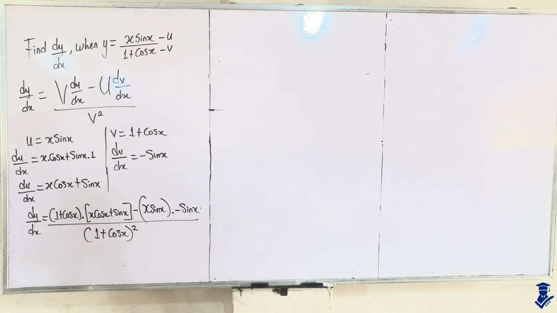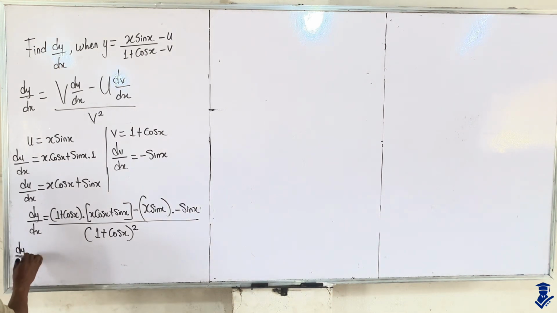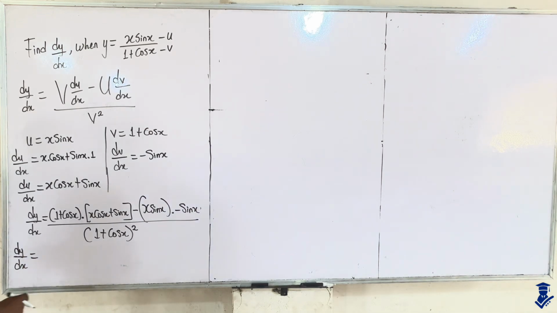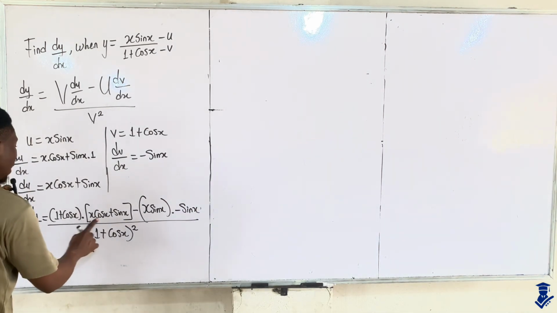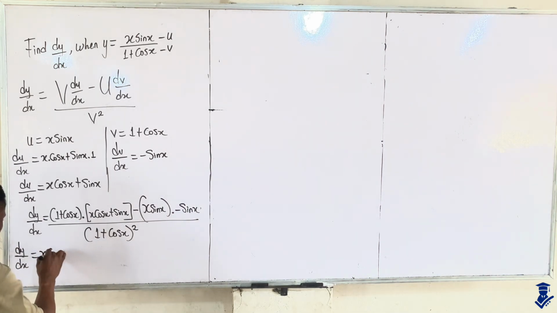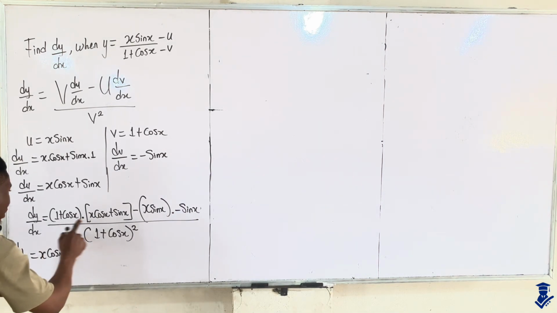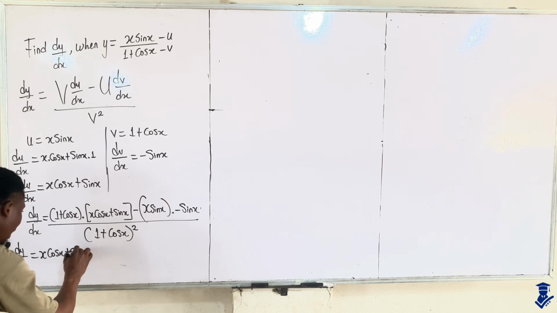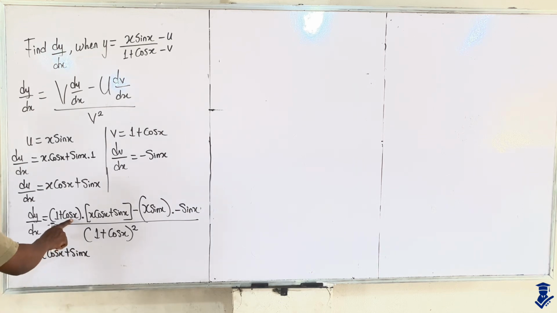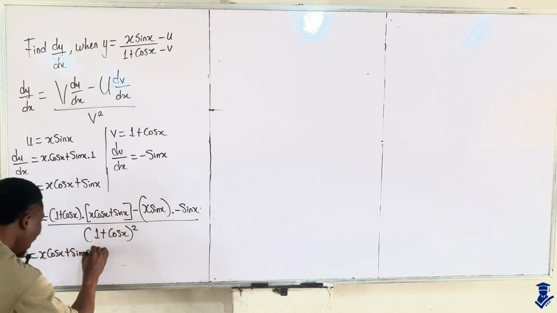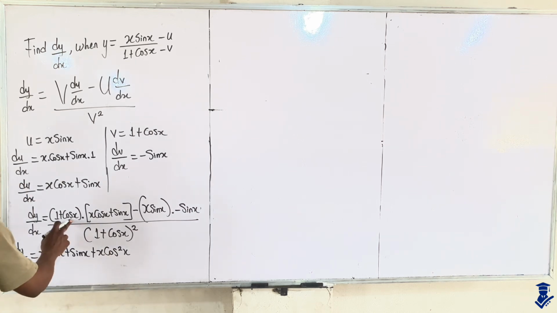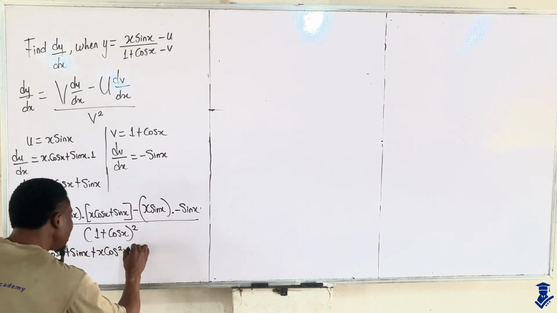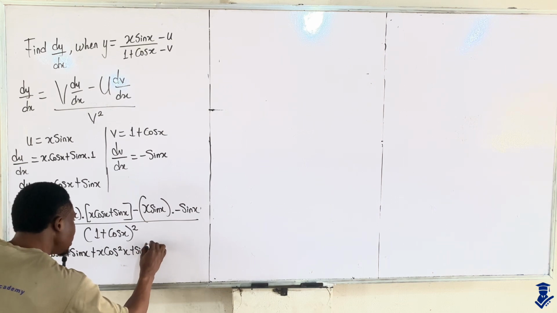Now, let's continue. Our dy/dx now is going to be equal to, we're going to open this bracket. So 1 times this gives us x cos x. 1 times this gives us sin x. And then cos x times this gives us x cos squared x. And then cos x times this gives us sin x cos x.